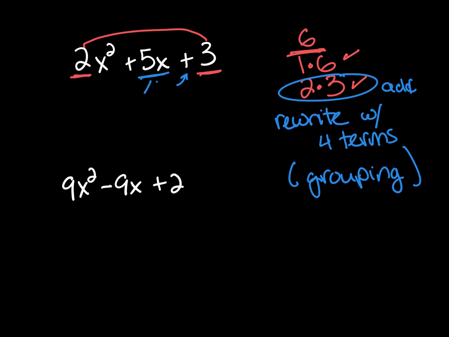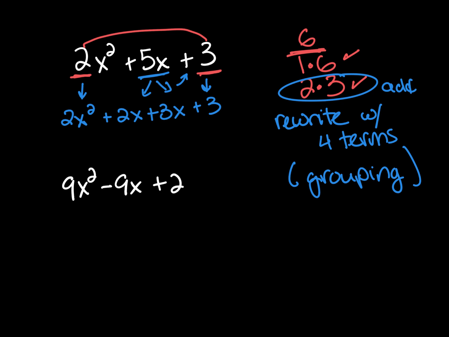That means instead of writing 5x, I'm going to write 2x and 3x. So I have 2x squared, which is just coming down. I have plus 2x plus 3x because those are the numbers we chose. And this plus 3 is coming down. So now as you can see, my trinomial now has 4 terms. Now I can just factor it by grouping.